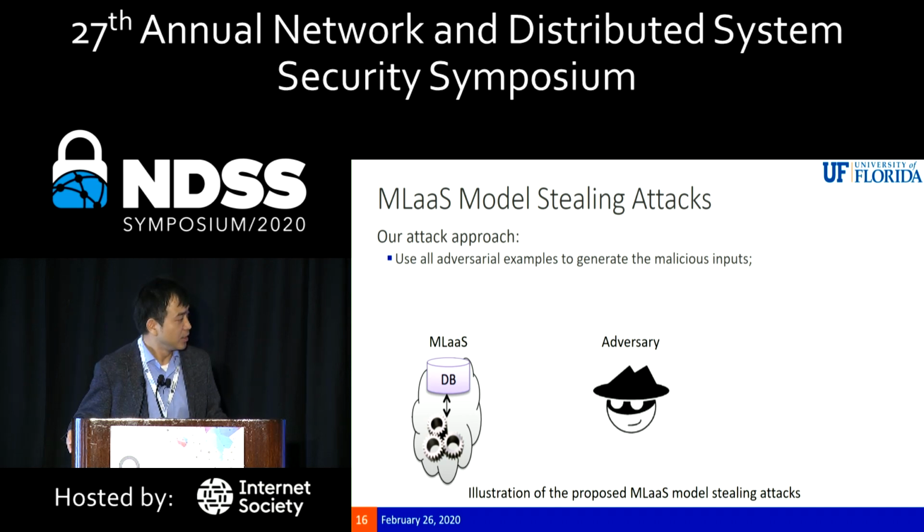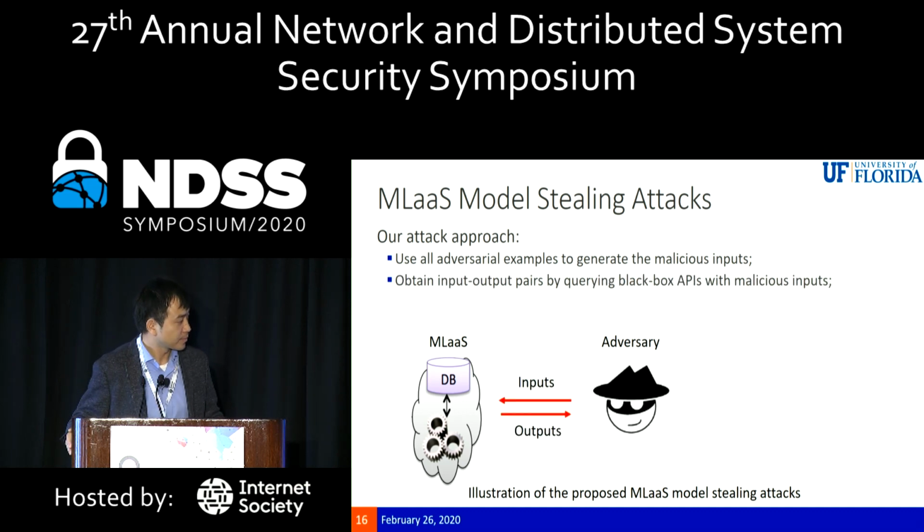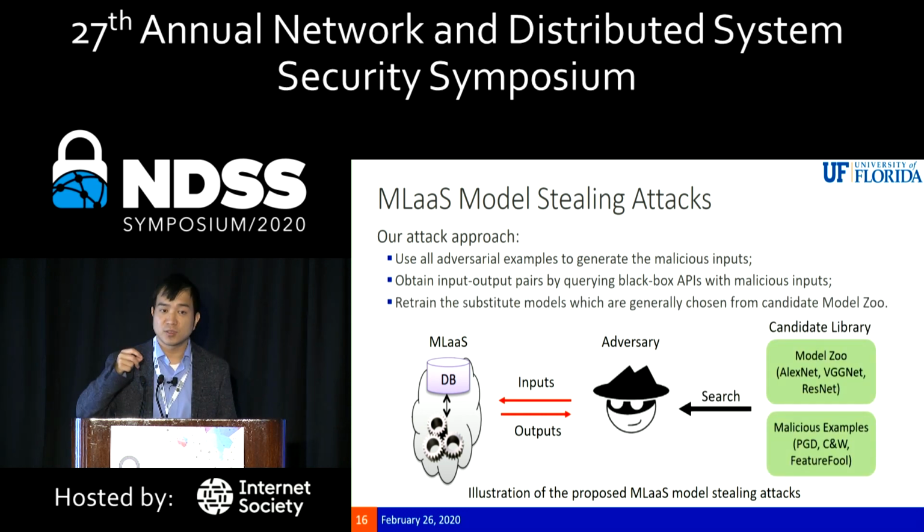Okay, so with this as the basic idea, we go through the whole process of the model stealing attack. We have the adversary, and we have the cloud, which we don't really know, as a black box. We use all these low confidence adversary examples or non-adversary examples to query it and generate results from the cloud to see whether they are close to the boundary. And then using the result, we retrain a local model.